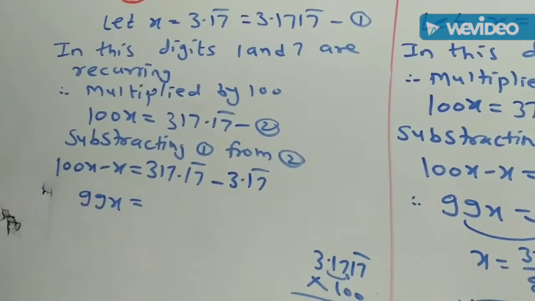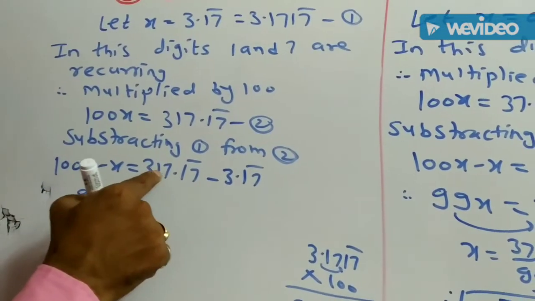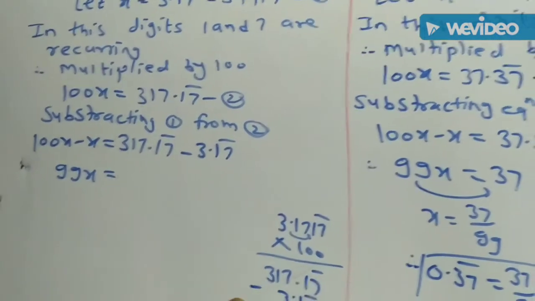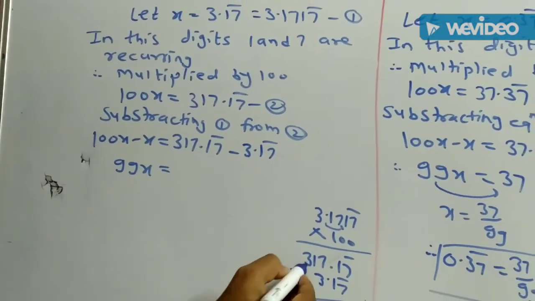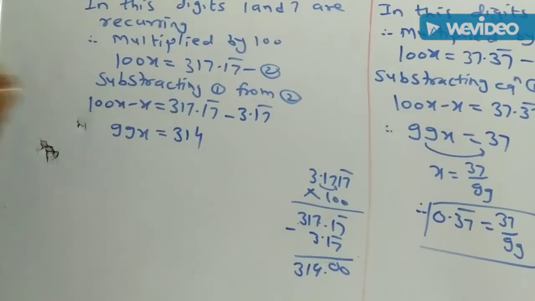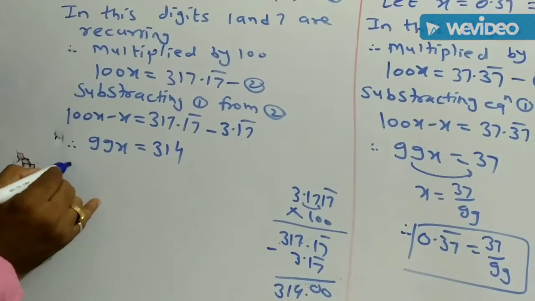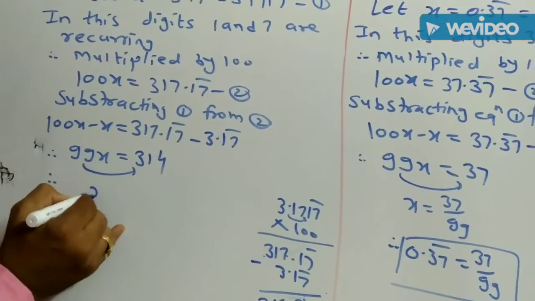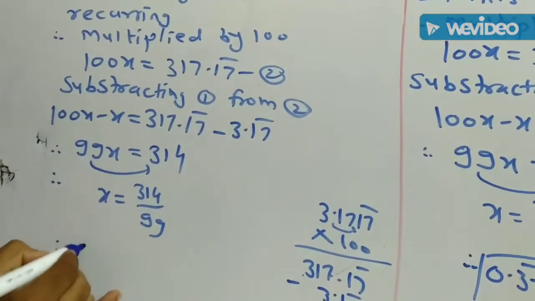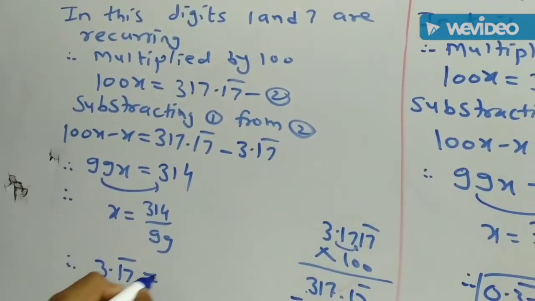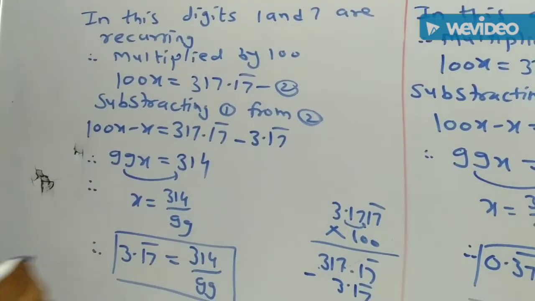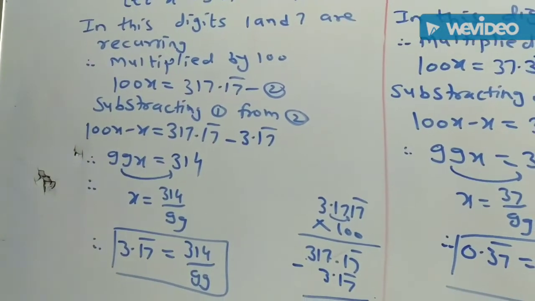Again 317.17 bar minus 3.17 bar, 17 gets cancelled. 317 minus 3, that is 314. And therefore to find the value of x, multiplied 99 gets converted to division, but x means 3.17 bar. That means 3.17 bar is equal to 314 divided by 99. All examples are same and easy examples.